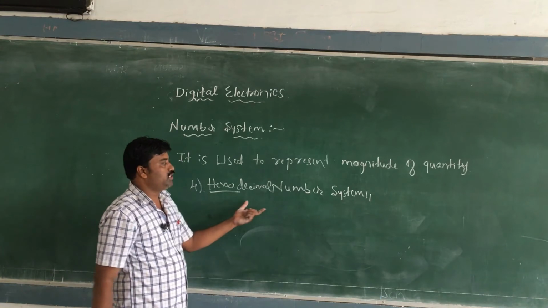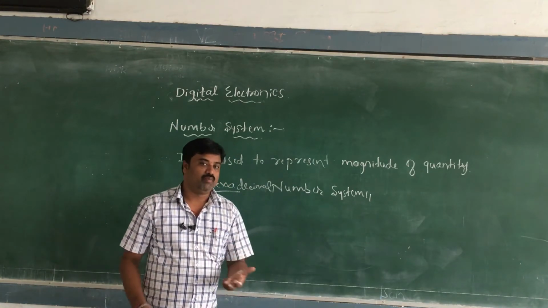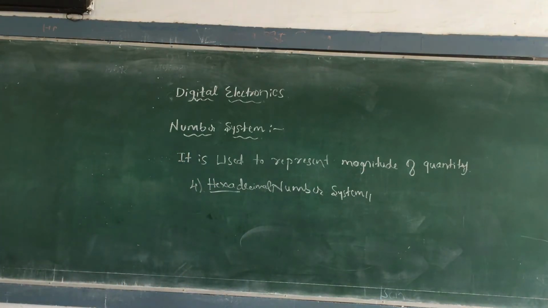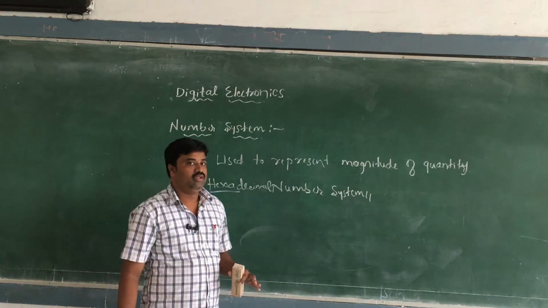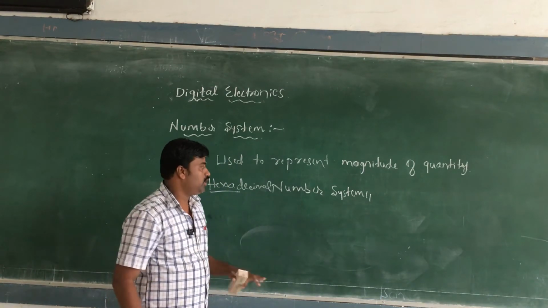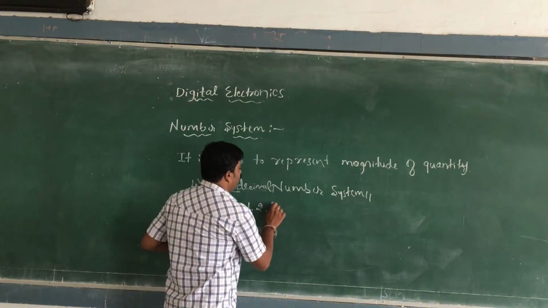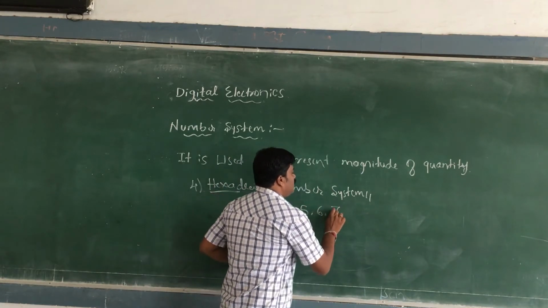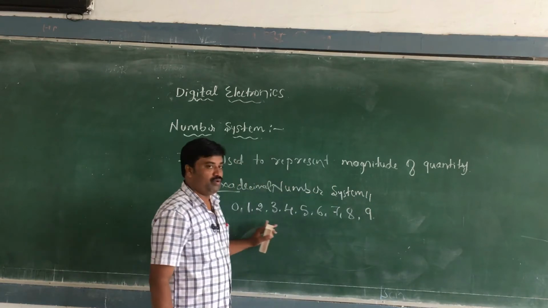This number system consists of 0 to 15 numbers. Here 16 is the base or radix value. We use 0, 1, 2, 3, 4, 5, 6, 7, 8, 9, up to 9.